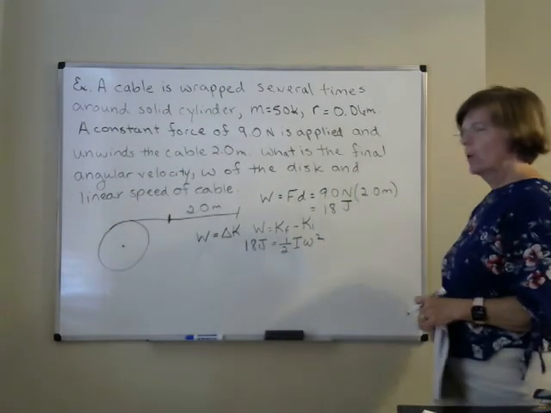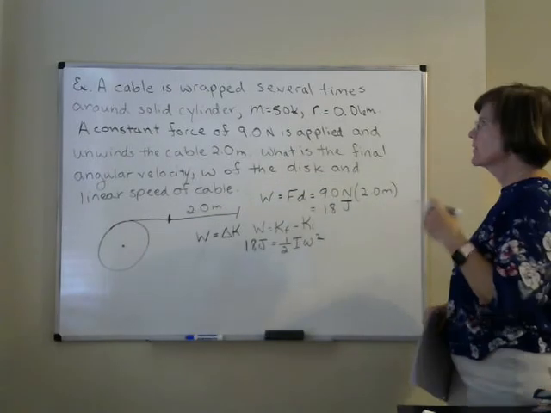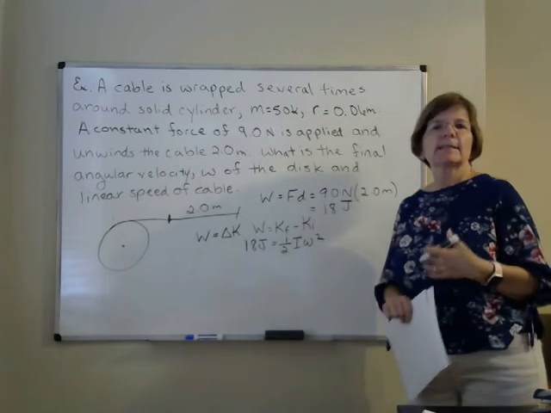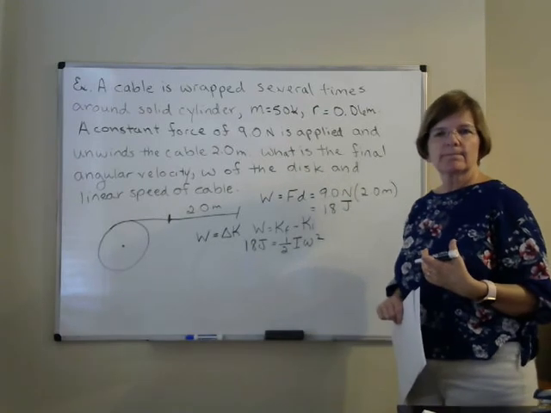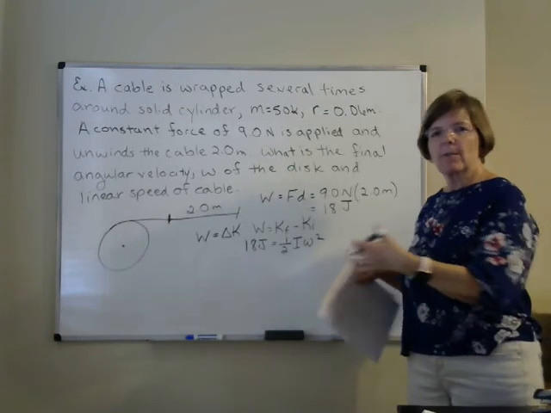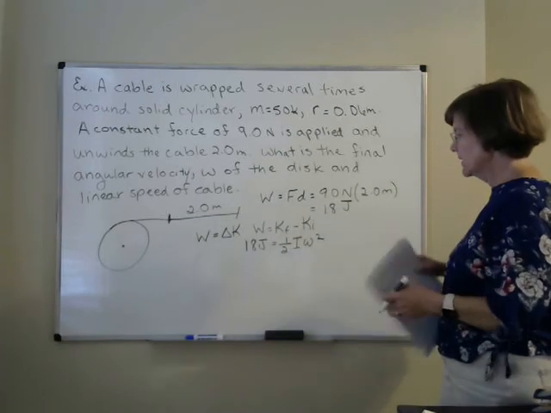All that work went into rotating that disk. We are assuming that the rope, and I think it probably has this in the fine print, is of negligible mass. So the rope itself will have almost none of this kinetic energy because it doesn't have any mass. It's like super fine.